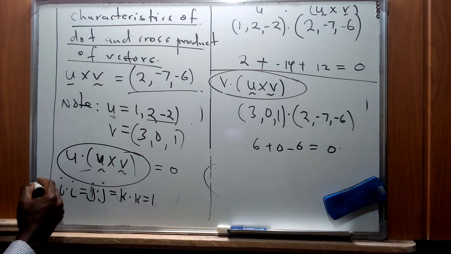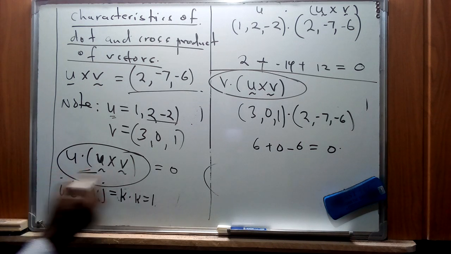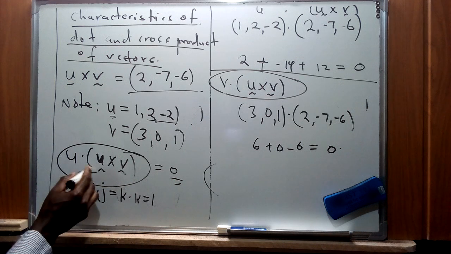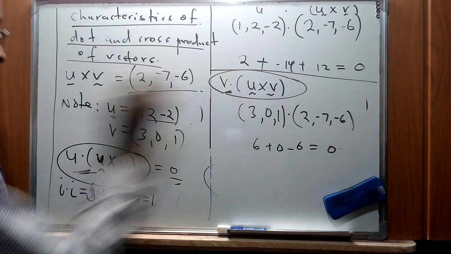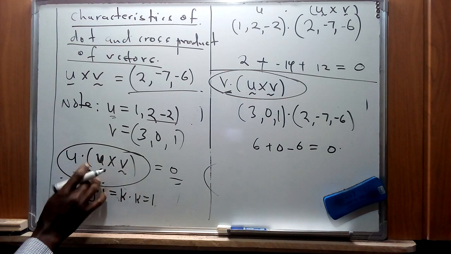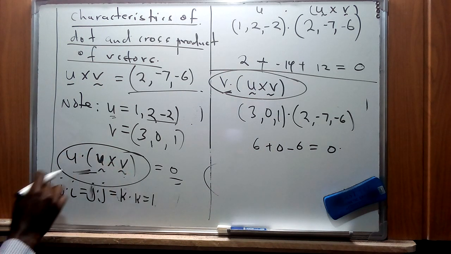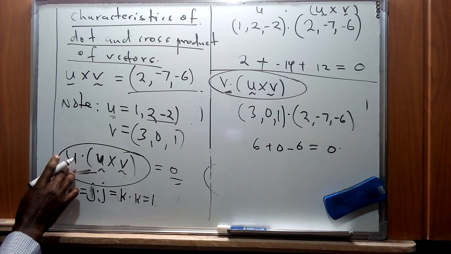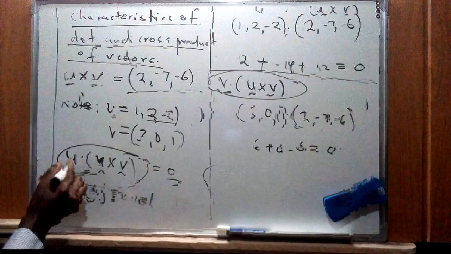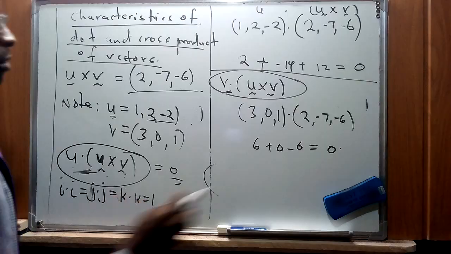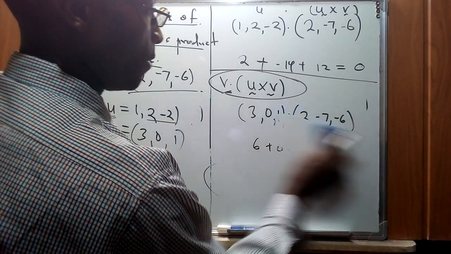I hope that we have seen how we have achieved the product from this calculation, and for the second one by taking out the specific components of this cross product and doing a dot product, it gives zero.